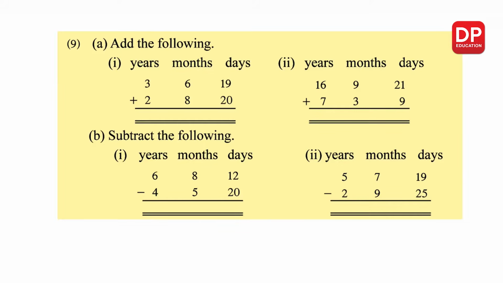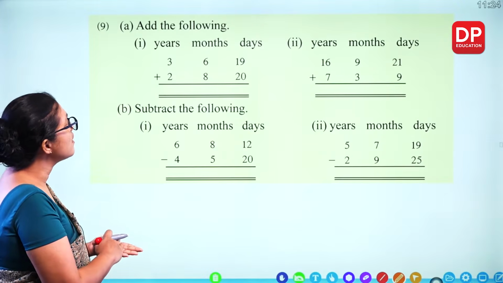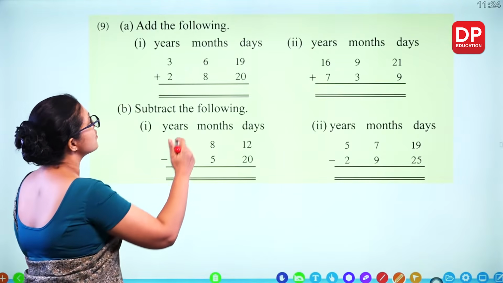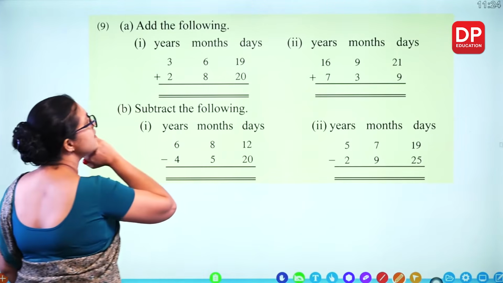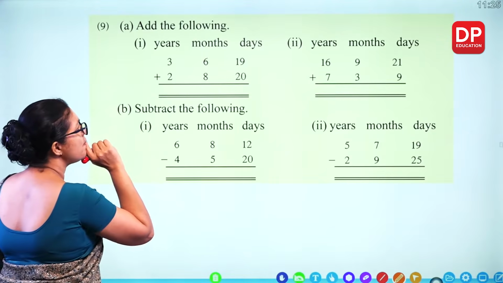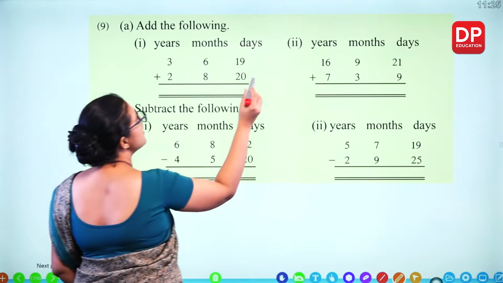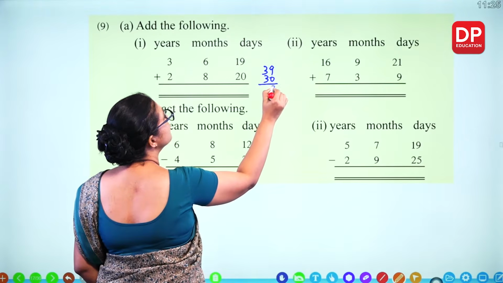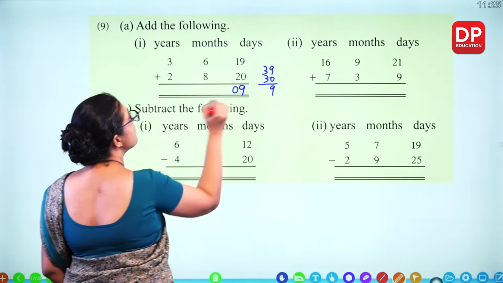Add the following years, months and days. So what's the maximum days we can keep? 30. That's the standard. Months 12 and years you can find out. Add these two. You get 39. Can we keep 39? No. So 39 minus 30. You write 9 here.